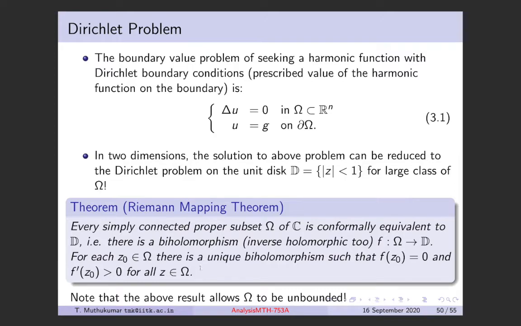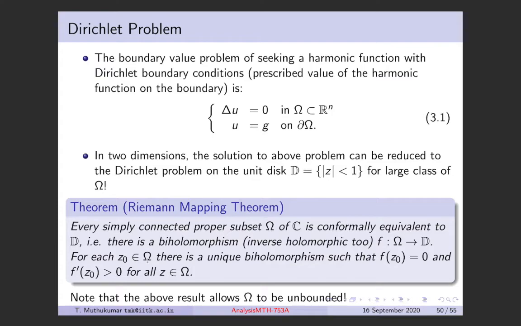Which means that if you take a set omega, for each z naught you can find a conformal map which maps z naught to the center of the disk.